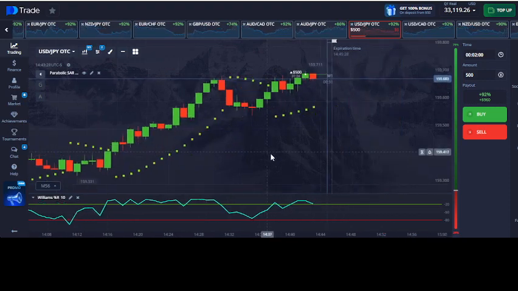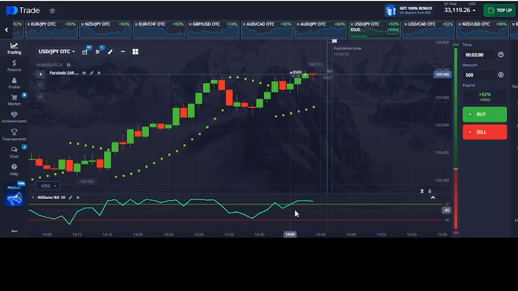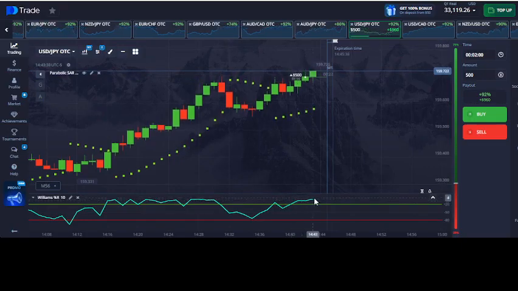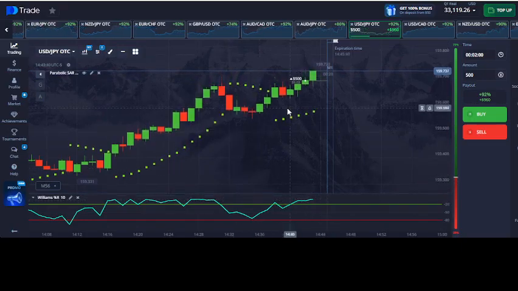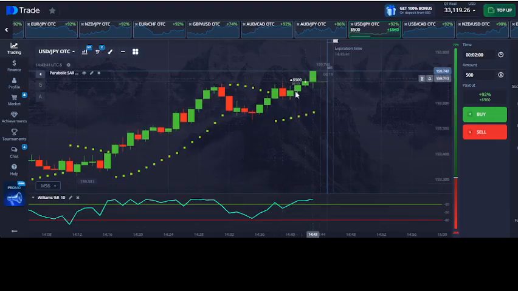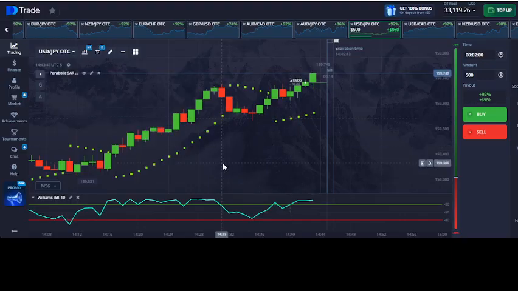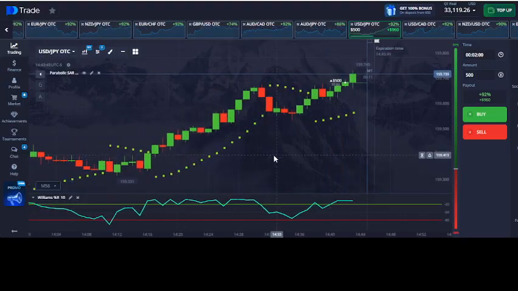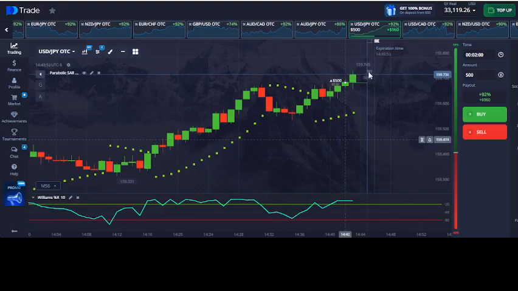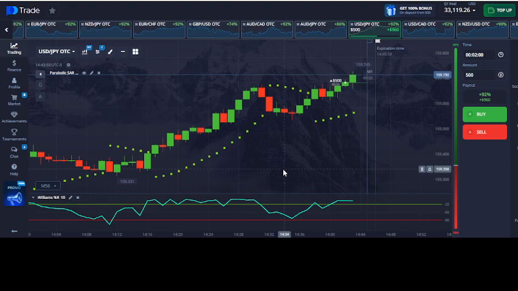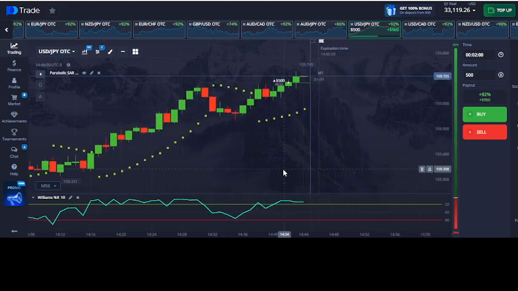Secondly, the Williams percent R line has crossed above the green 20 line in an upward direction here. And thirdly, the parabolic SAR dots have begun to print below the candles here. So all three confirmations have been met, which suggests a continued bullish movement to the upside over the next 2 minutes. So let's monitor this trade and wait for the expiration.